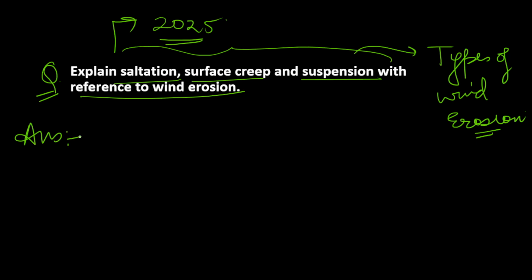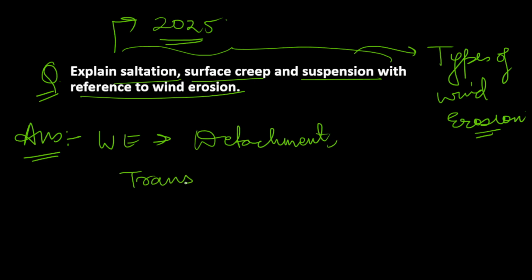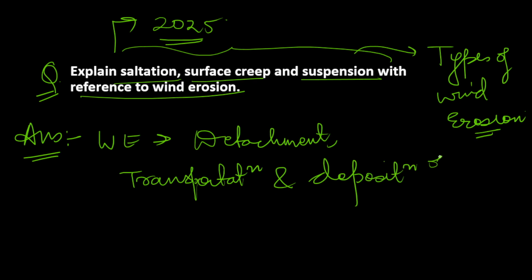In the introduction part, we can simply mention what wind erosion is. Wind erosion is the detachment, transportation and deposition of soil particles by the action of wind.